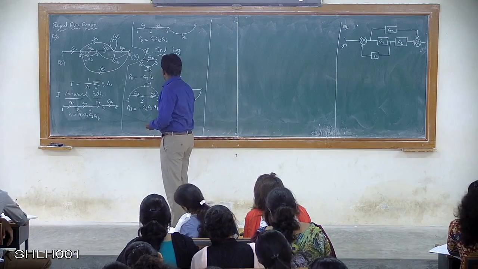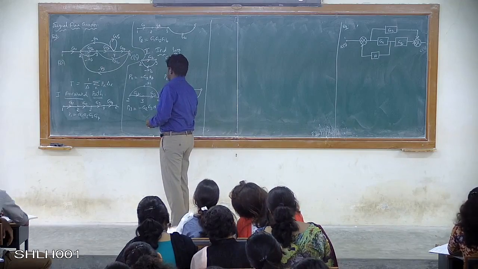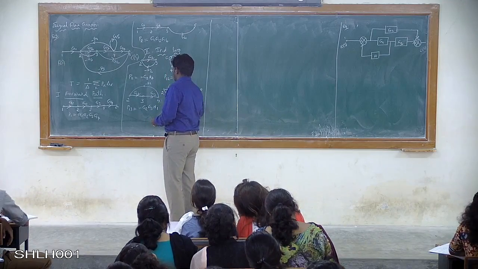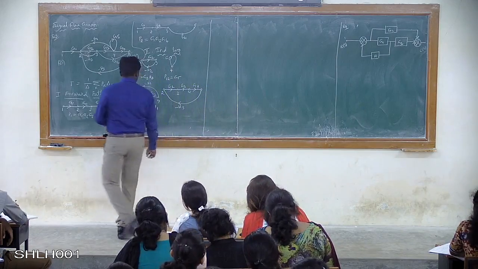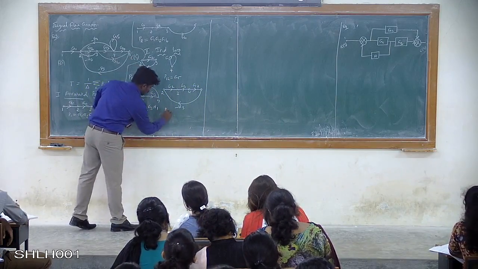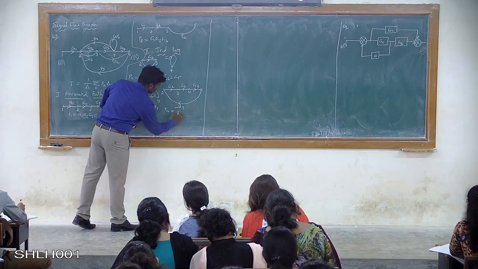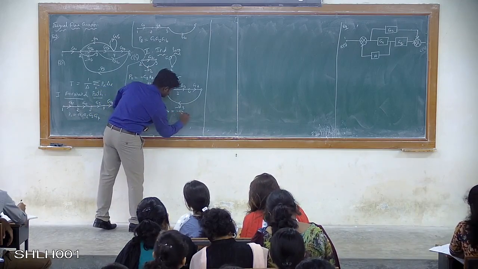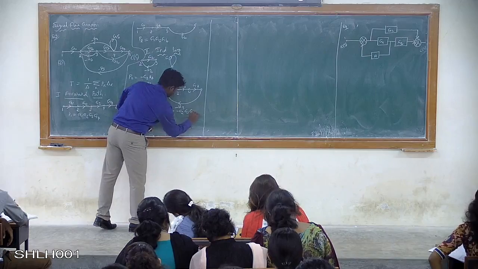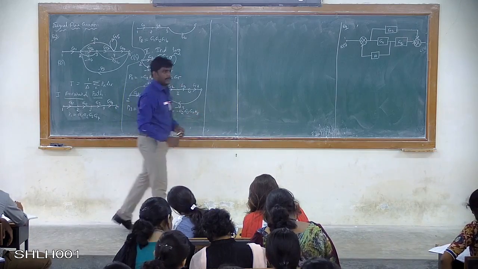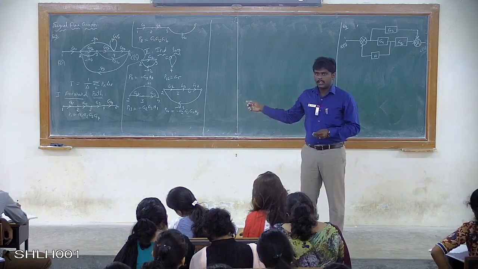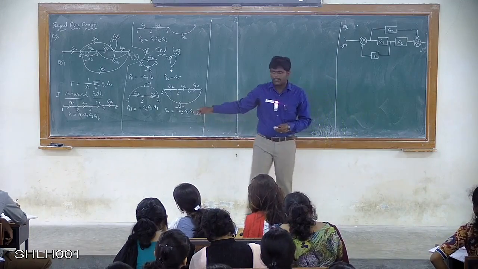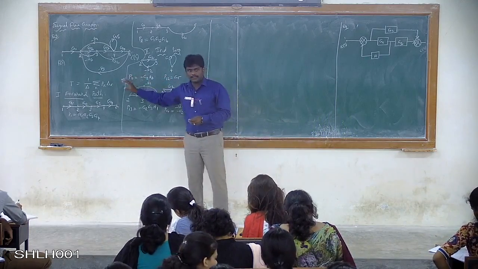So this gain value is G2, then 3 to 4 gain value is G3, then 4 to 5 the gain value is G4. So the gain value of P14 can be written as minus G2, G3, G4 into H3. Correct? Right. So is there any other individual loop present in the given signal flow graph?